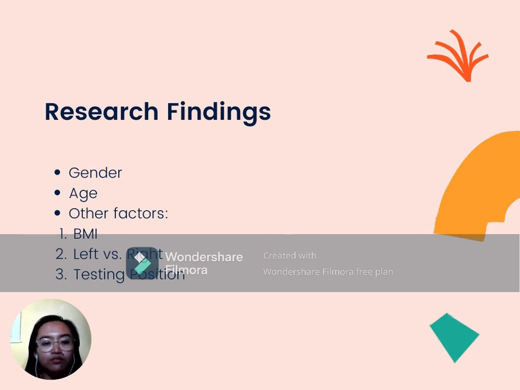And other factors involved are BMI. For BMI, there are no significant effects when it comes to wrist motion. When it comes to handedness, left versus right, there is no significant difference.